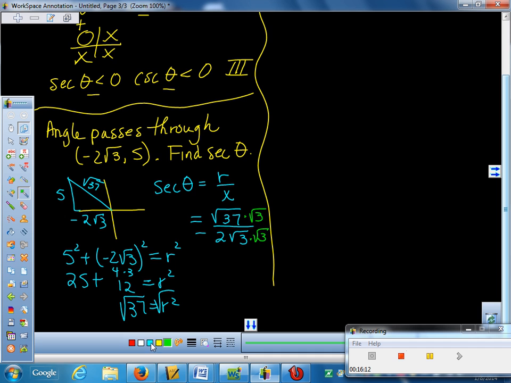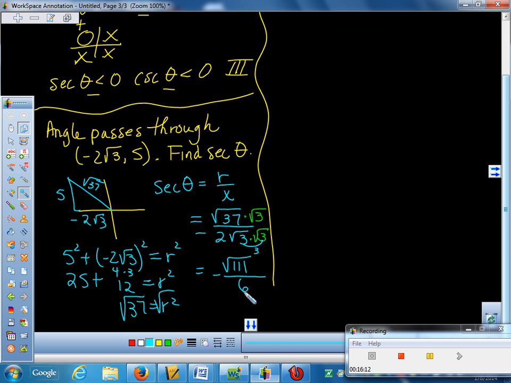That's something that needs to go from math, but it hasn't gone yet. 37 times 3, 111? Did I multiply that right? Yeah. And what's the bottom? Negative 2 times 3, square root of 3 times square root of 3 makes 3. And 3 times 2 is 6.